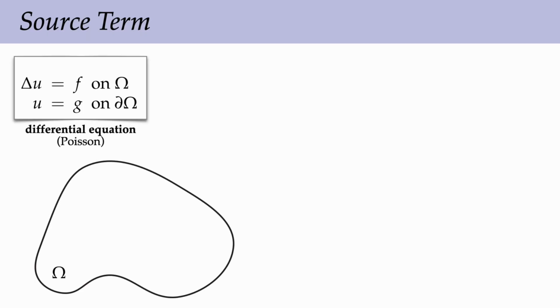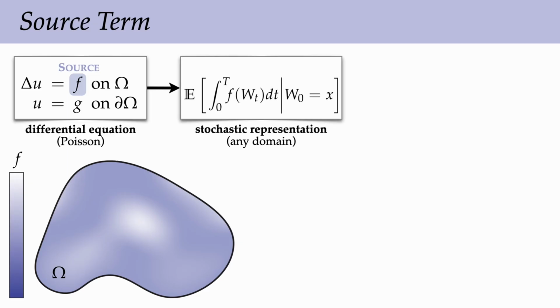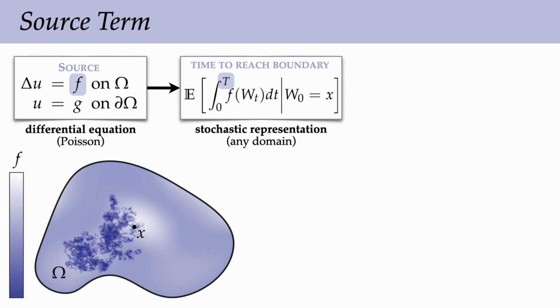Okay, but we already saw all that at the beginning, so how do we add new terms like a source term? So here, the stochastic picture is basically that as our walker wanders around the domain over the total time t that it takes to reach the boundary, it's going to feel and pick up this background radiation f. Okay? So then the question becomes, how do we account for this additional heat in our Monte Carlo estimator?